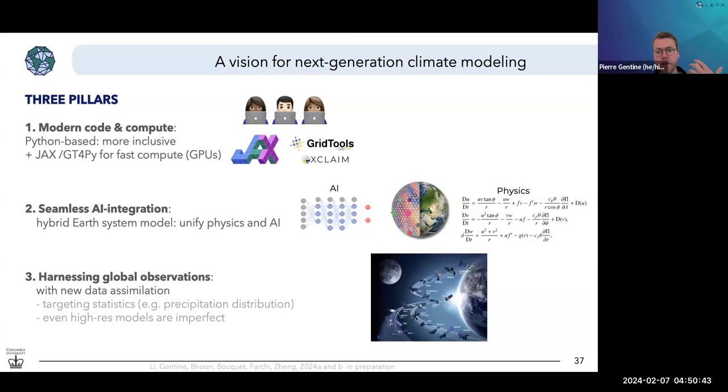Those are great tools that can really push the compute, but also the integration of AI and observations, to lead to a new generation of climate models.